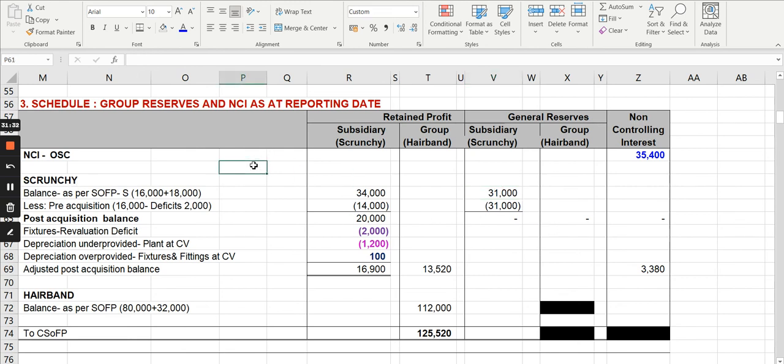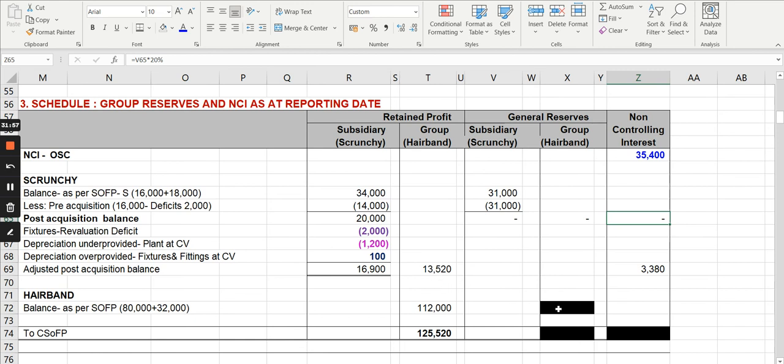Where do we get 31? In the statement of financial position. And as at the date of acquisition was also the same figure. So there is no post-acquisition balance, and the parent has no share of that reserve of the subsidiary during the pre-acquisition period. So does the non-controlling interest.